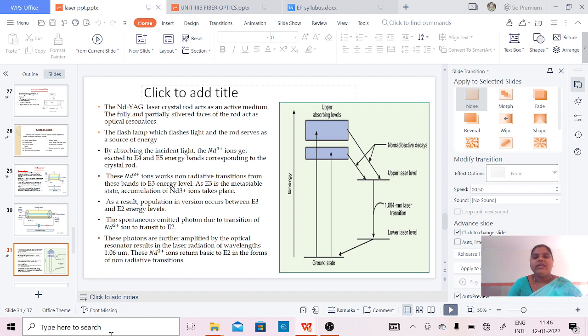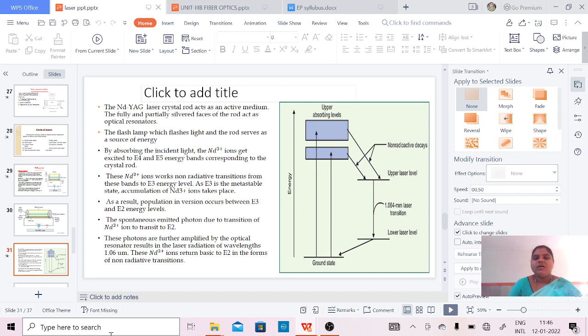By absorbing the incident light, the Nd3+ ions get excited to the E4 and E5 energy bands of the crystal rod. These Nd3+ ions then undergo non-radiative transitions from these bands to the E3 energy level.